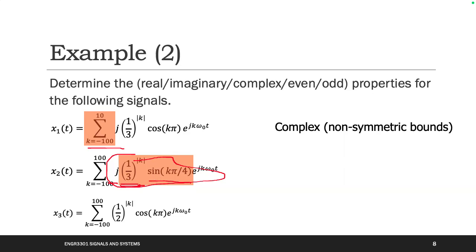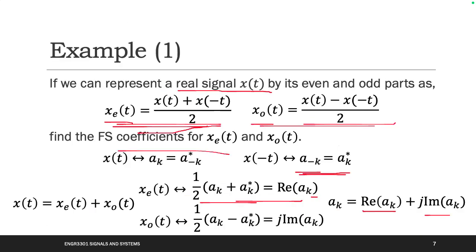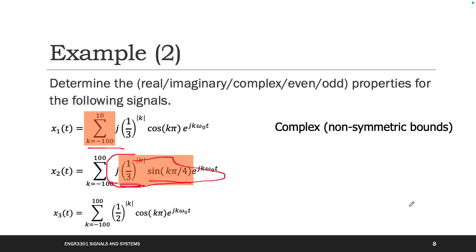Let's check here. If a_k is imaginary and odd, what does that mean? It means your signal is real and odd. Yeah, and you can easily tell this. Since a_k is imaginary and odd, your signal is real and odd. That makes sense to you?